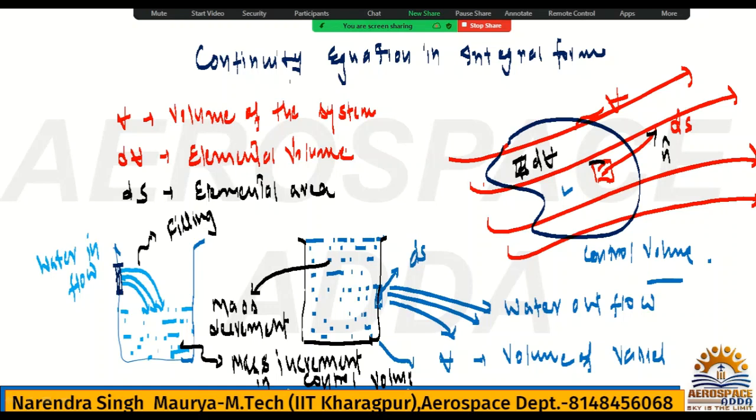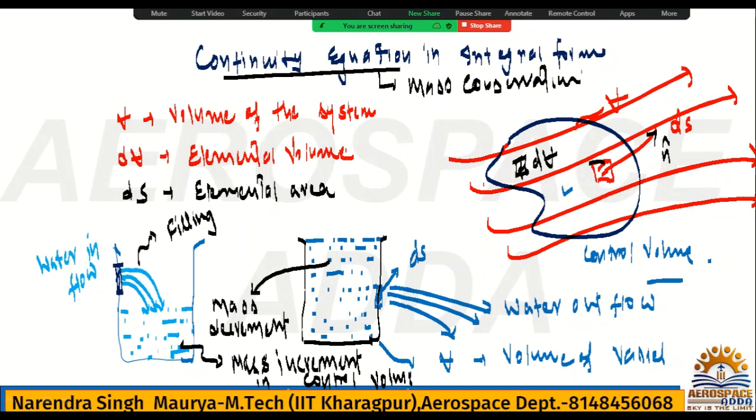It is the mass conservation. Mass will be conserved. Whatever mass of water is entering, the same mass of water will be incrementing inside the control volume. Simple. For the second diagram, whatever the mass of the water going out, the same amount of mass of water will decrement. Simple understanding only. Hope it is clear to all, right?